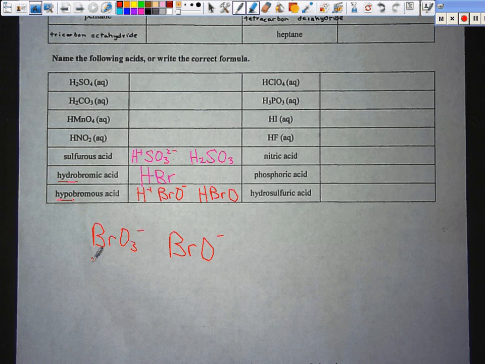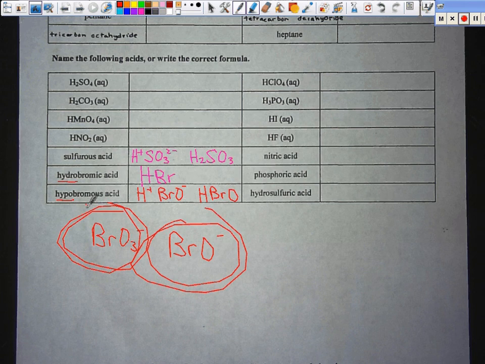This is bromate. So it's just a difference. Hypo just tells you that it's this polyatomic. Why is there a 3 after the hydrobromate? Because it's hydro and there's no O. If there's hydro, there's not an oxygen.